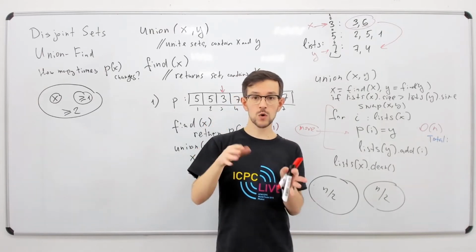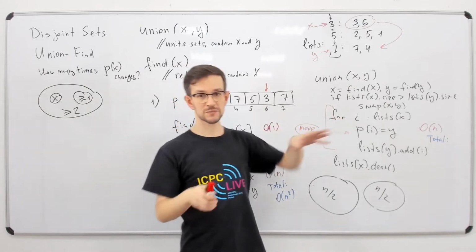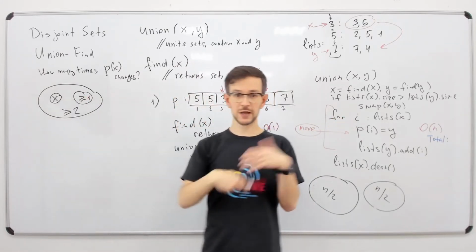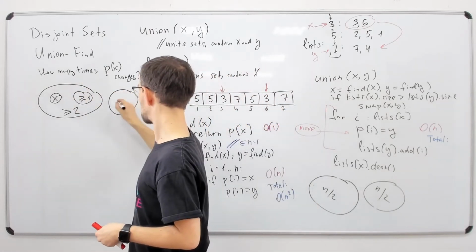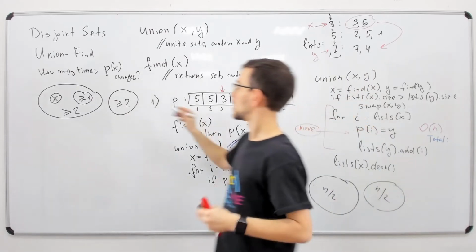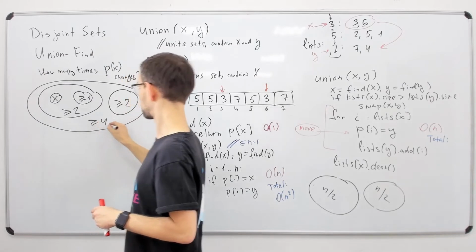Next time, when we move element x, it means that element x belongs to the smaller of these two sets. So when we move this element x next, we will merge these two sets into some other set of size at least 2. So element x will belong to some set of size at least 4.